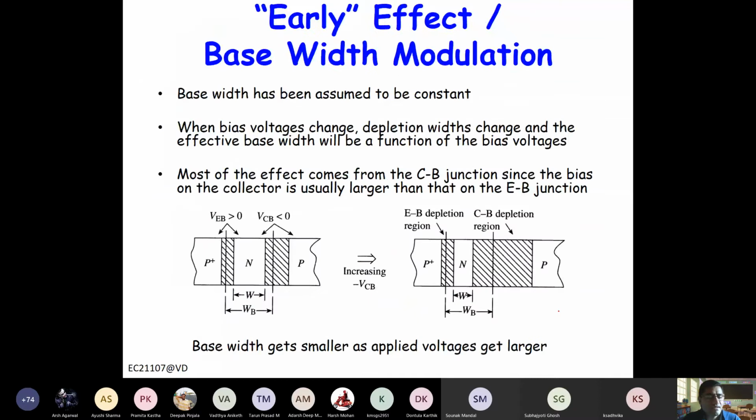There is one effect called the early effect, right? Now the early effect has another name, called base width modulation.